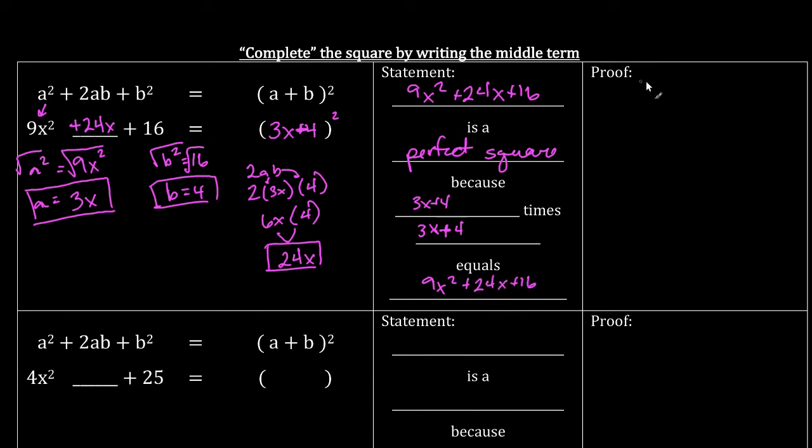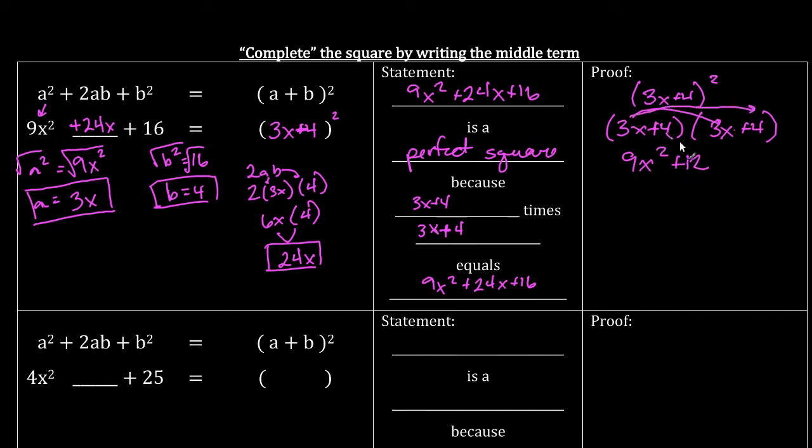Let's prove that. So 3x plus 4 squared is 3x plus 4 times 3x plus 4. 3x times 3x is 9x squared. 3x times 4 is 12x. 4 times 3x is plus 12x again.